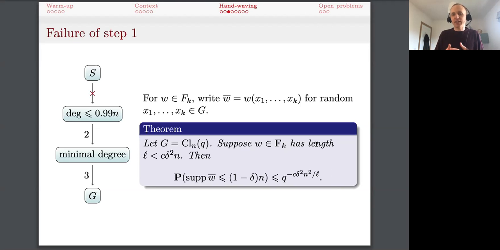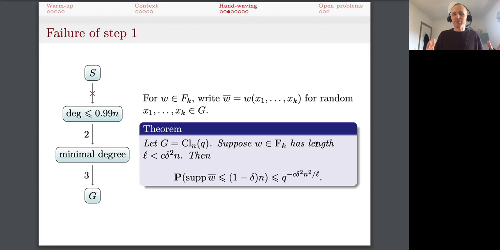So at least that doesn't happen before about step n. So if you take a word which has length much less than n, like length n over 10 or something like that, and you ask, does this word have support which is less than 0.99 times n, say, then the answer is this happens with exponentially small probability.